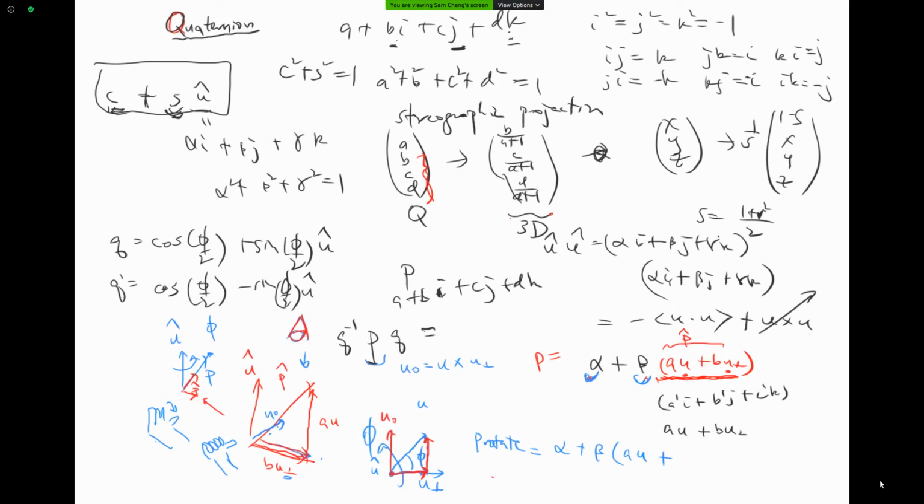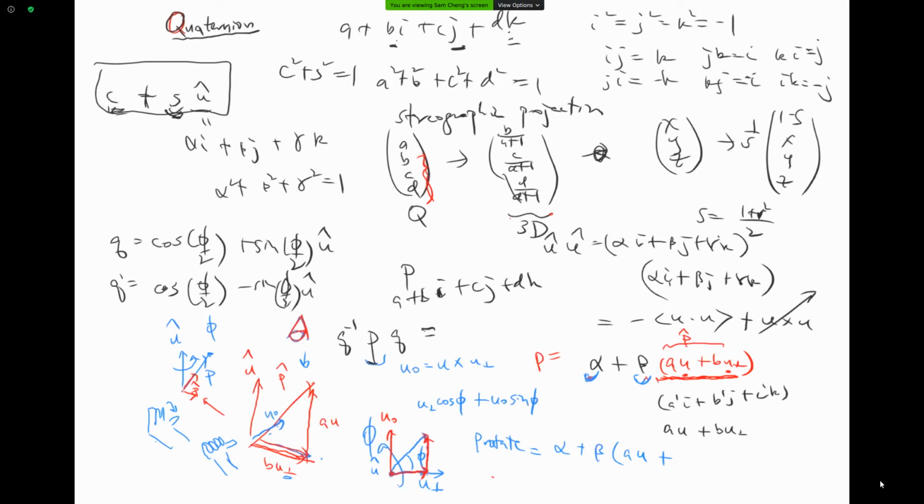Therefore this rotated vector is equal to U perpendicular times cosine phi plus U0 times sine phi, something like that.